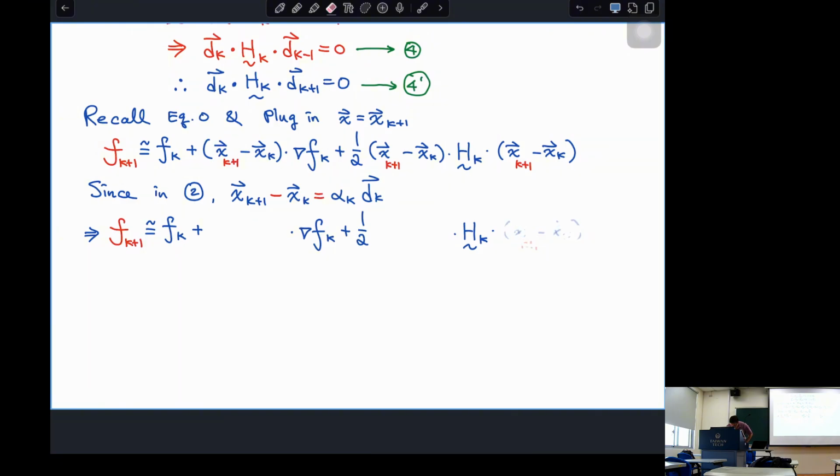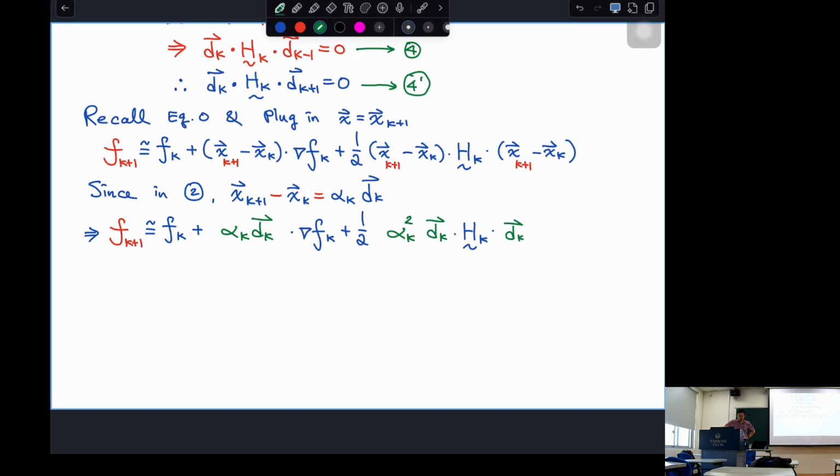So how do we replace it? By this alpha k dk. Another alpha k dk. The alpha is a scalar, so it could be moved to the front. So it's an alpha square and dot dk here.